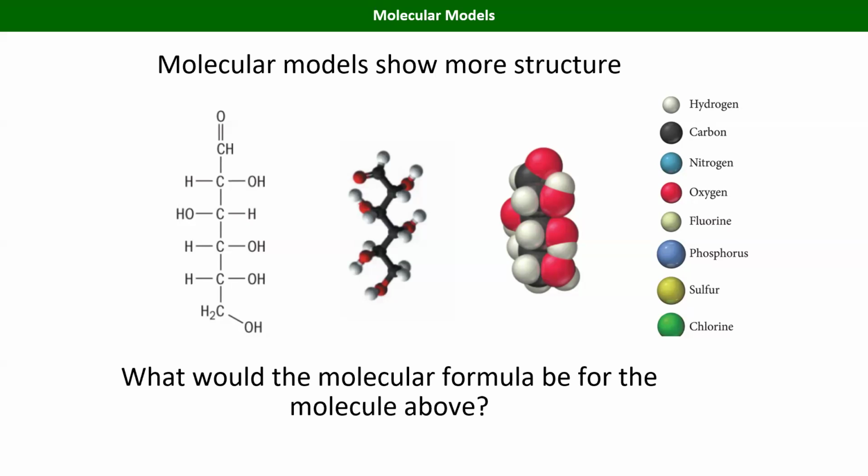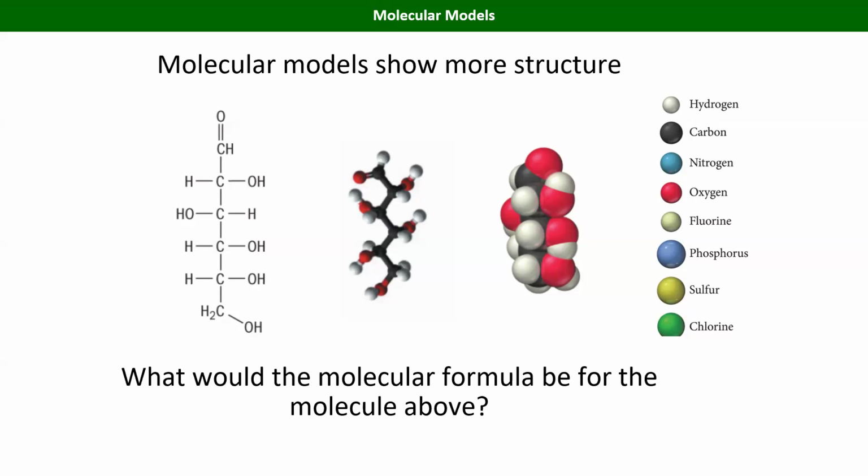So this is a really common biological molecule. Anybody know what that is? Six carbons, 6 oxygens, 12 hydrogens. Sugar, it's glucose. These are all glucose.